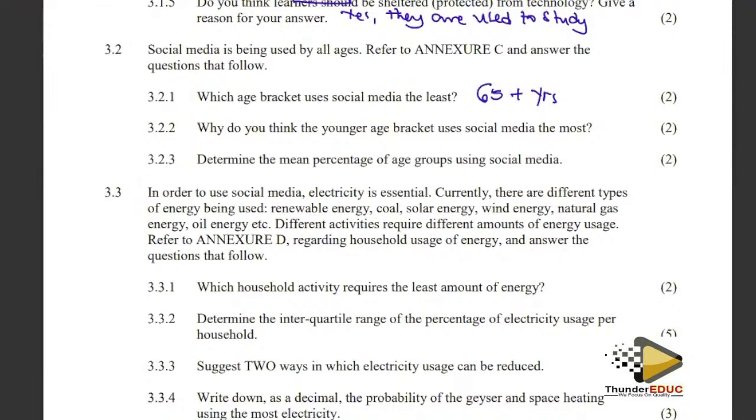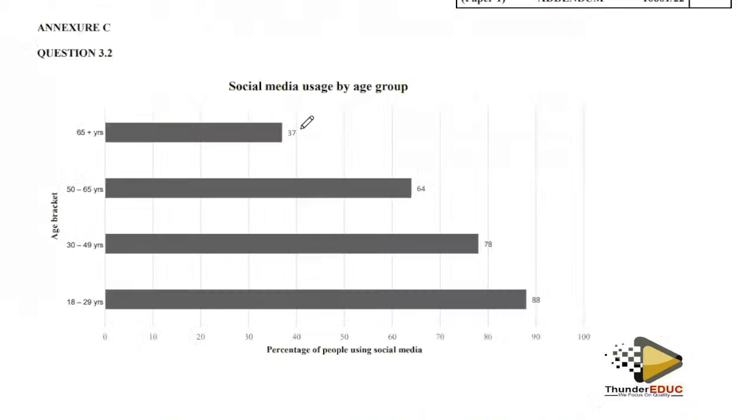Determine the mean. Always understand the mean. We add all the values and we divide by the total number of values that we've added. Let's go and we see the percentages. The percentages are these values that we see here.